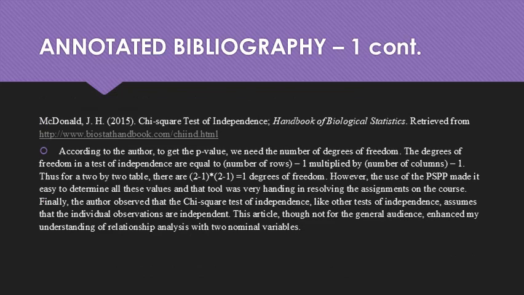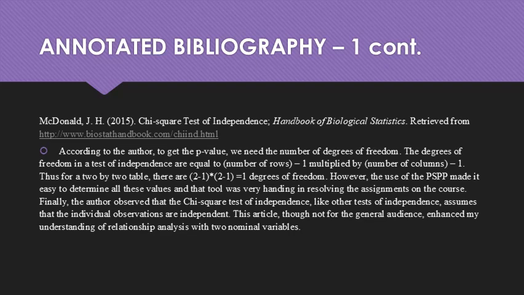Annotated bibliography 1 continues. According to the author, to get a p-value, we need the number of degrees of freedom. The degrees of freedom in a test of independence are equal to number of rows minus 1 multiplied by number of columns minus 1.